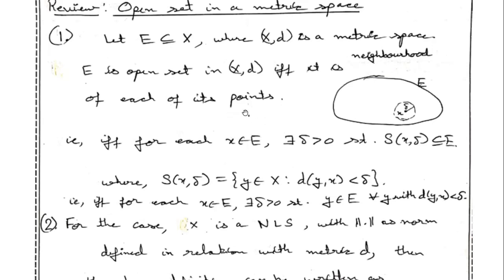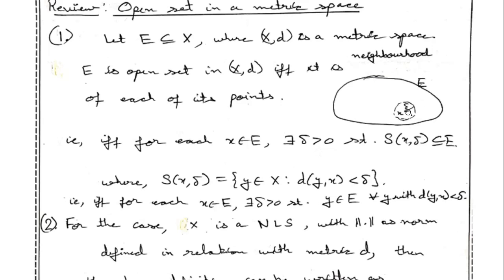When we incorporate the definition in terms of symbols, the definition of an open set becomes equivalently: E is an open set if and only if for each x belonging to E, E is a neighborhood of x. So that is the definition. Now, what is the definition of neighborhood?